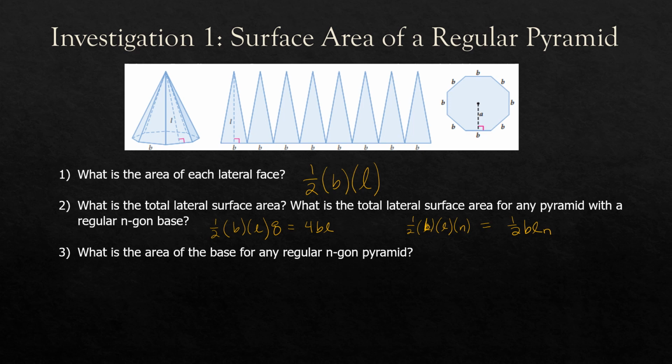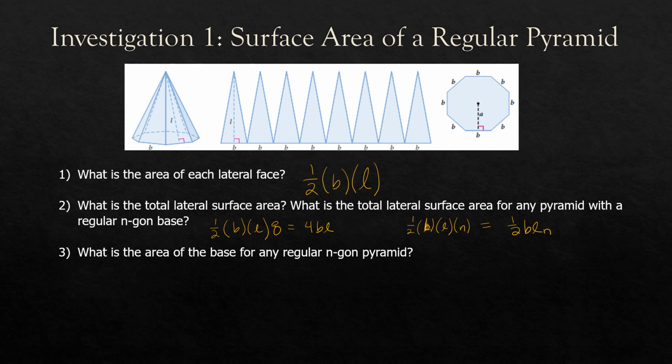What is the area of the base of any regular n-gon pyramid? In this case, it's the octagon, but what about if there's any regular base? Any regular polygon, what would the area of the base be?